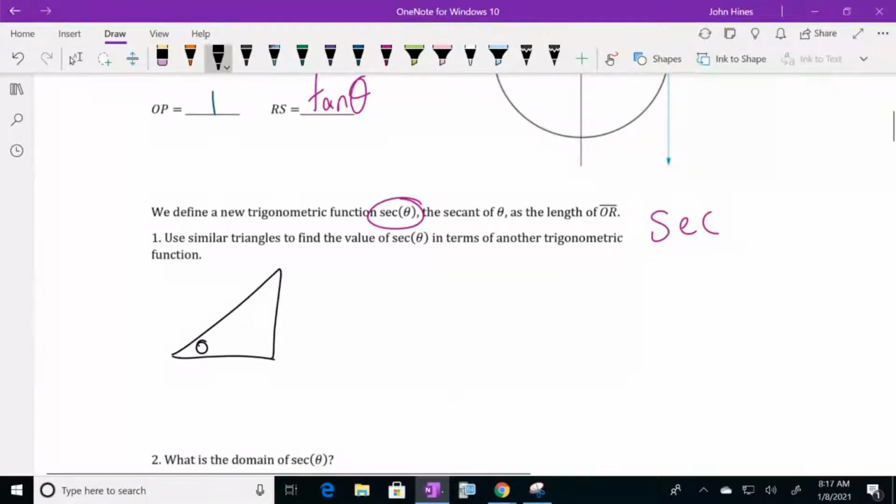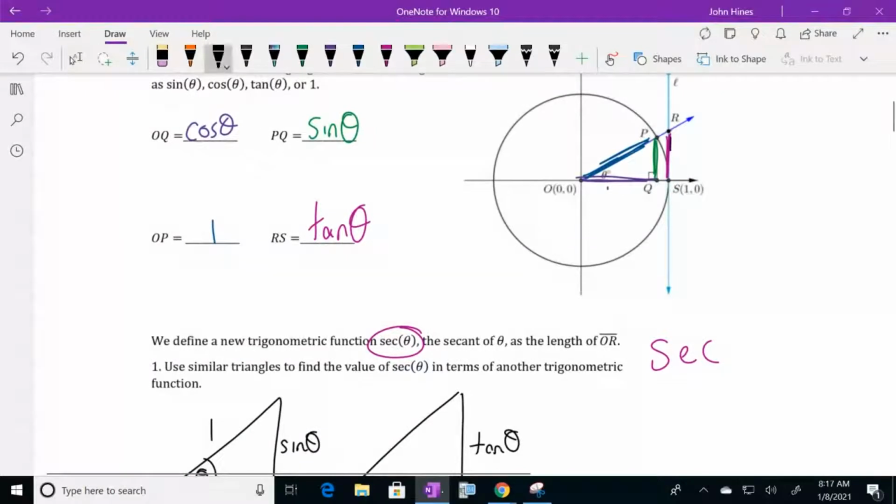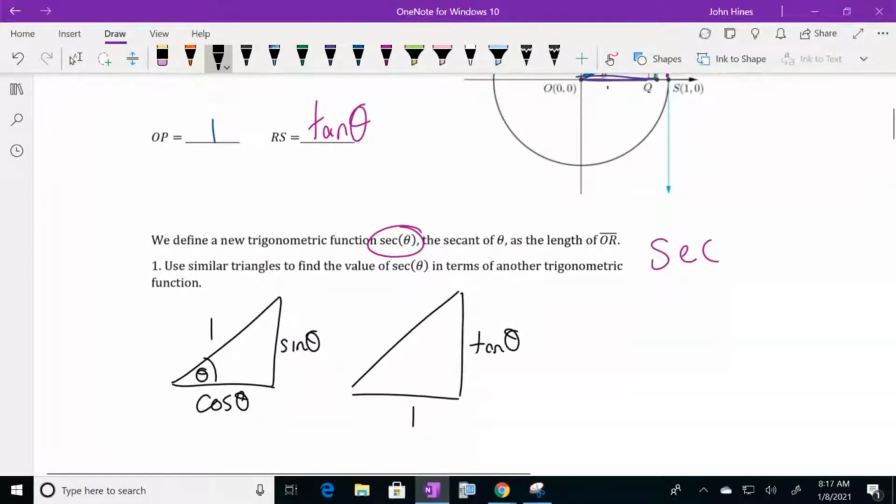Well, we're going to use similar triangles again. I have one, cosine, sine, and then we have that tangent triangle. The tangent triangle has a vertical distance of tangent here. Horizontally, it's 1.